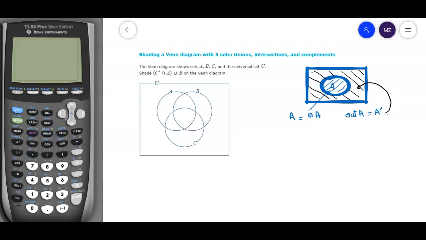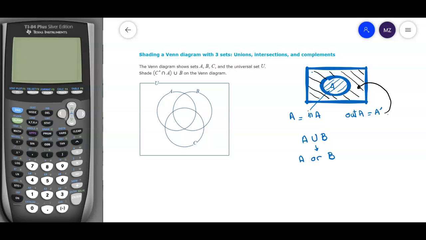The second trick I'm going to be using is, if I have a union sign, for example A union B, the logical connection would be or. So you're going to be A or B. The meaning of something belonging to A or B is that it belongs to one of them.